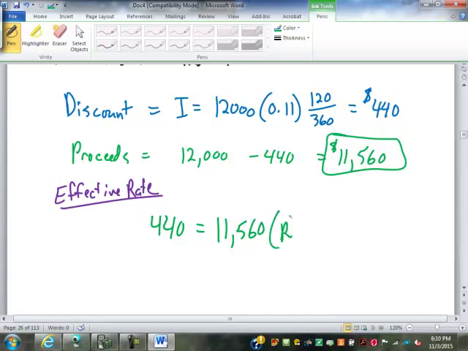Our rate is what we're looking for, and our time is still 120 over 360. So the first thing we have to do is we have to combine the 11,560 and the 120 over 360.